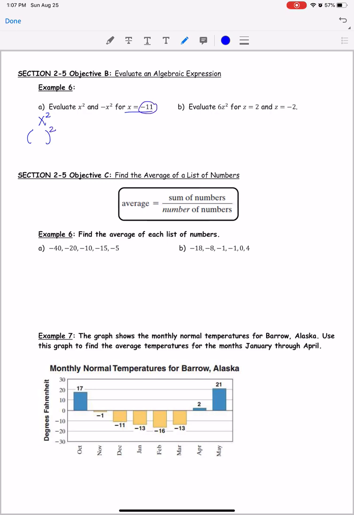My x is that negative 11. So I've got negative 11 squared. That means negative 11 times negative 11. Negative times negative is positive, and 11 times 11 is 121. Okay, so that's one answer.